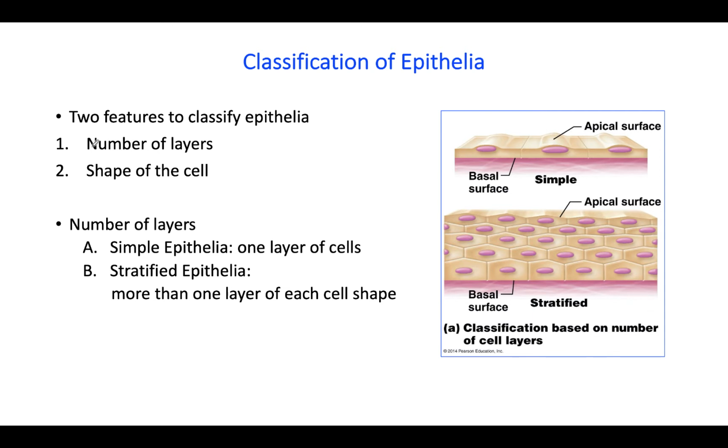But first you have to bring the number of layers. If epithelial tissue is composed of a single layer of cells, then you will just say simple. If epithelial tissue has more than one layer, then you will say stratified epithelia.